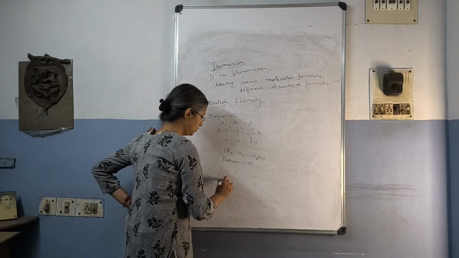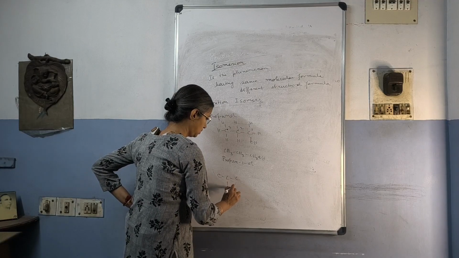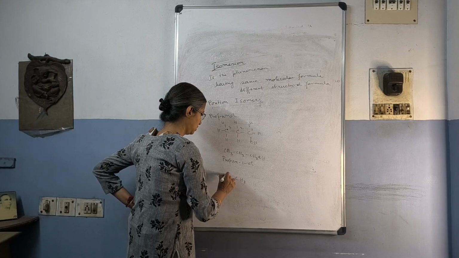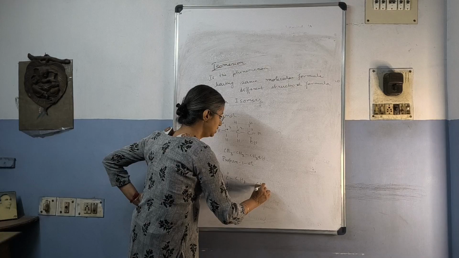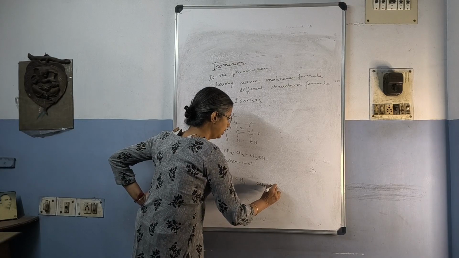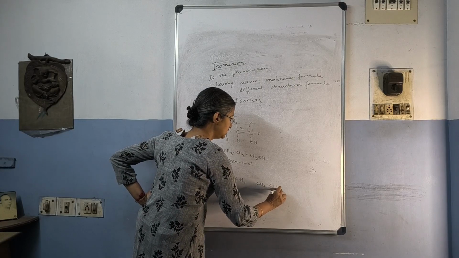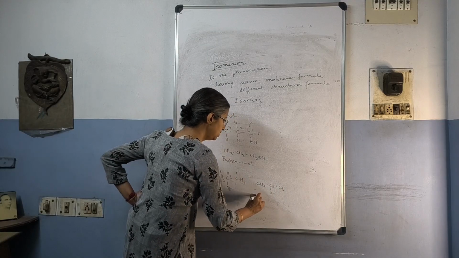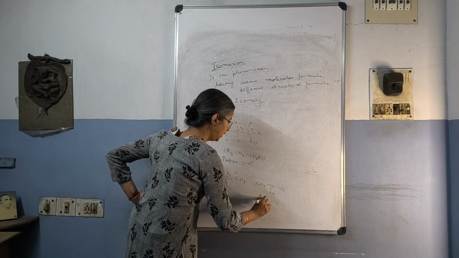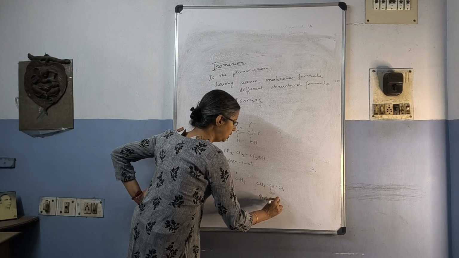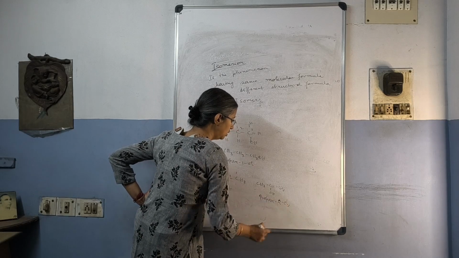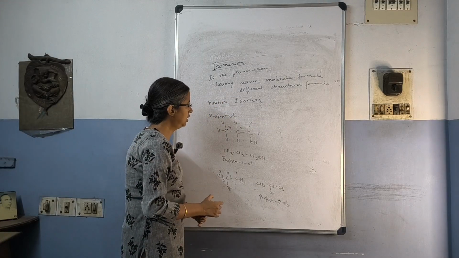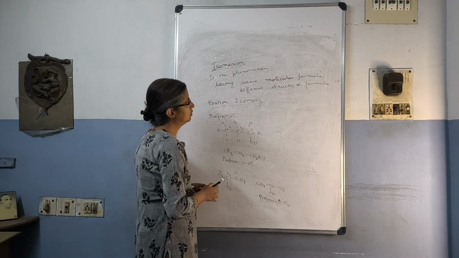And next we have CH3CHOHCH3. This is our 2-propanol. 1, 2, 3. So it is propan-2-ol. That means the position of OH is changed. Okay. So this is propan-2-ol. In this way we can get the position isomers.